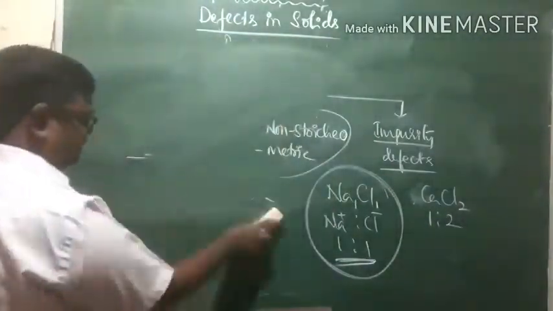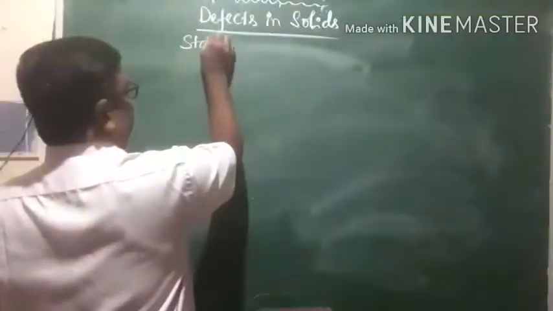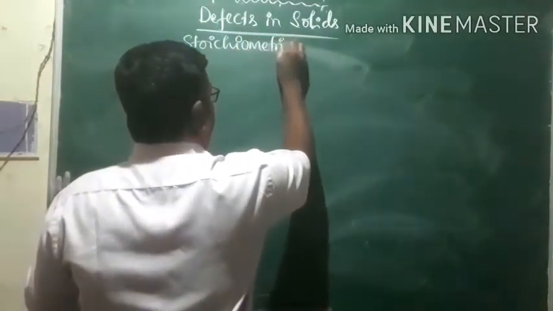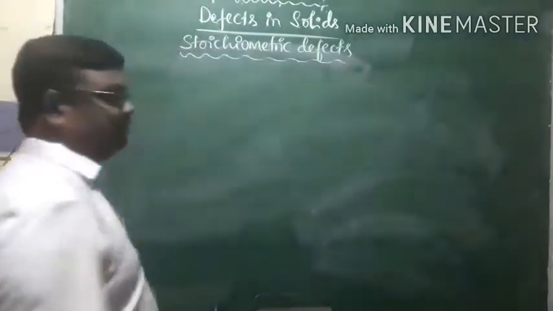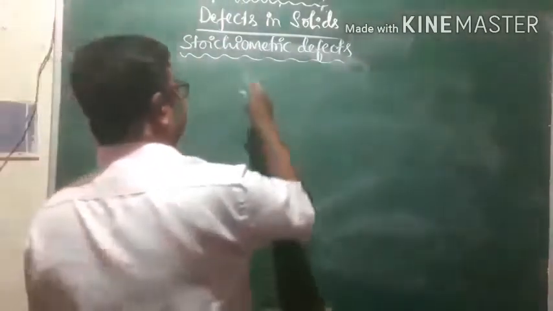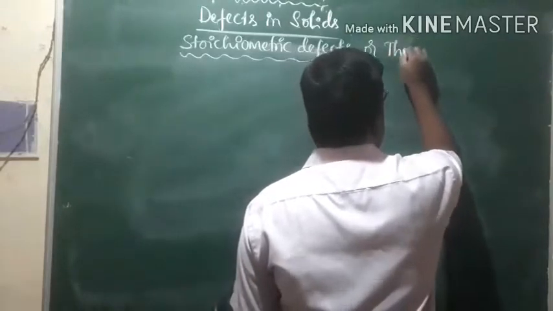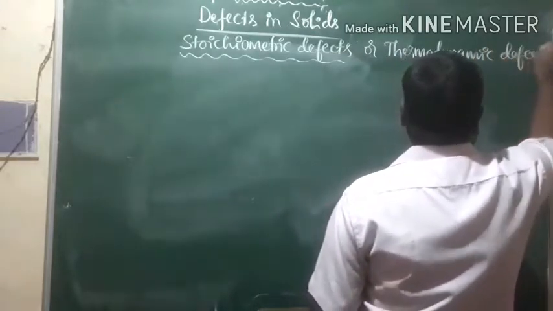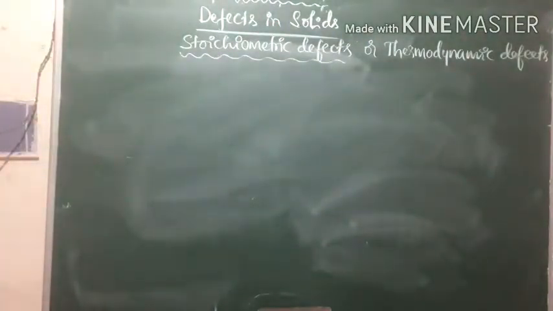One of the types of point defects will be stoichiometric defects. These stoichiometric defects are also called thermodynamic defects, because these defects depend upon temperature variations.